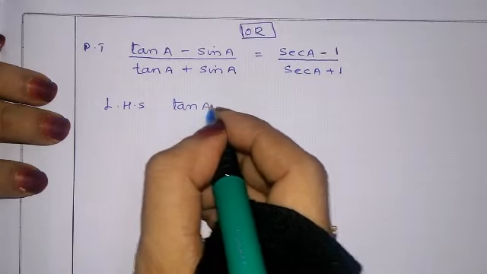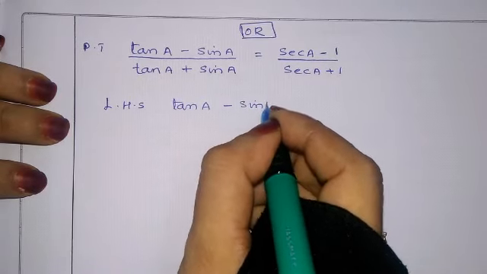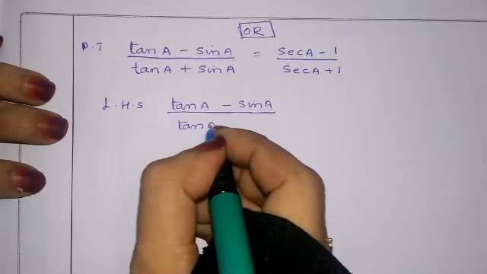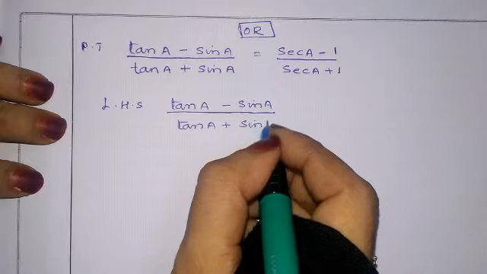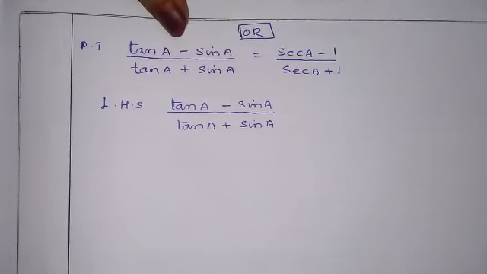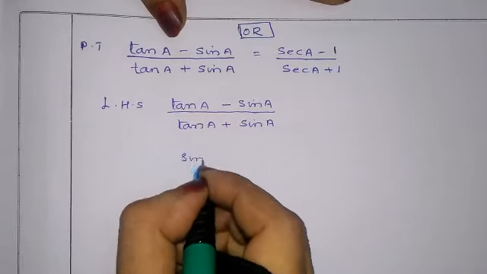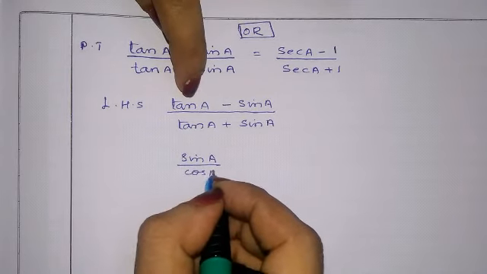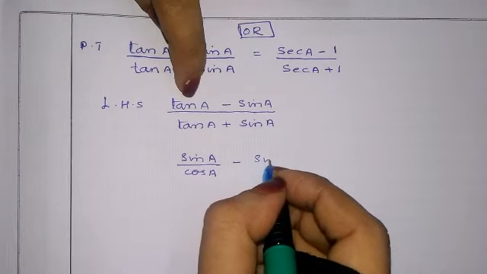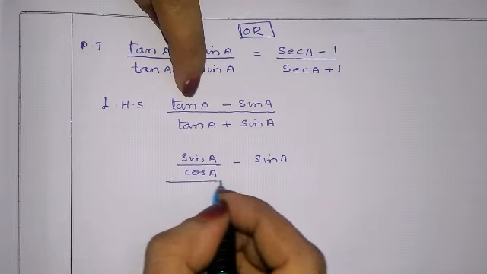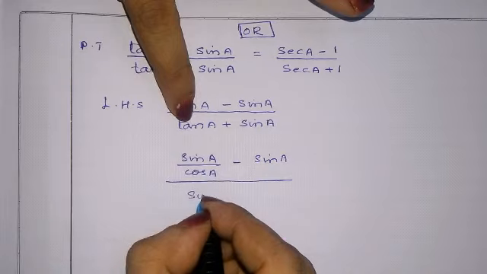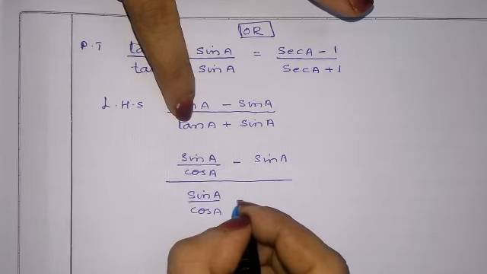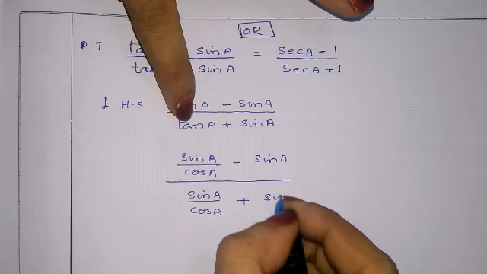Tan A minus sin A upon tan A plus sin A. We know that tan A is sin by cos. In place of tan, I'll write sin A upon cos A minus sin A, upon, here also tan A is sin A by cos A, plus sin A as it is.